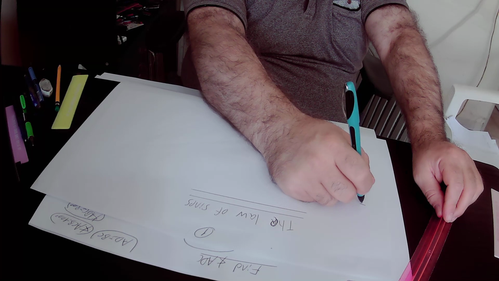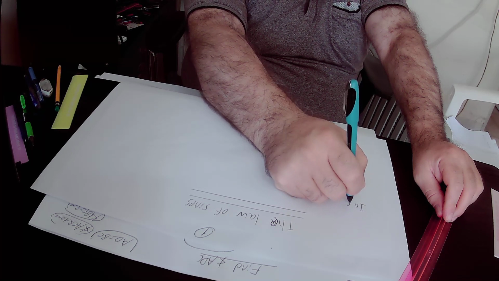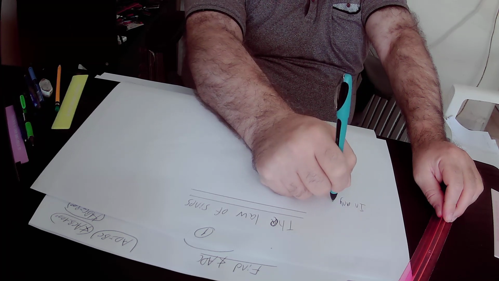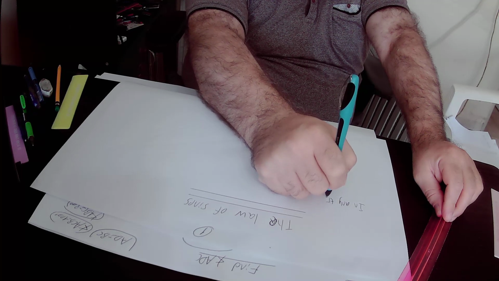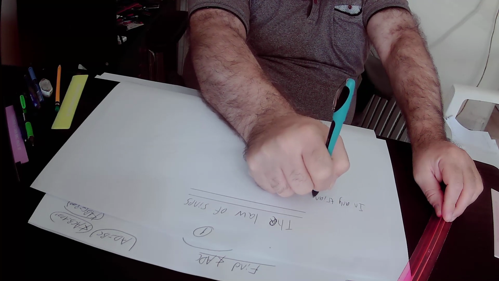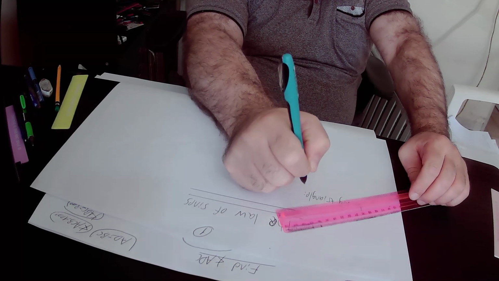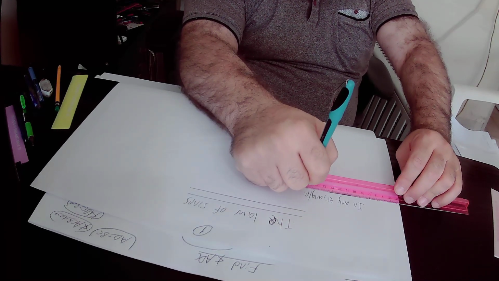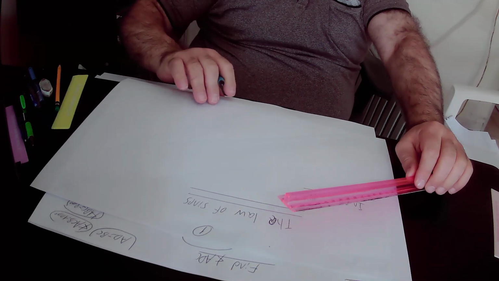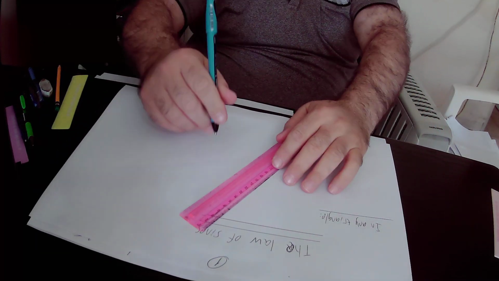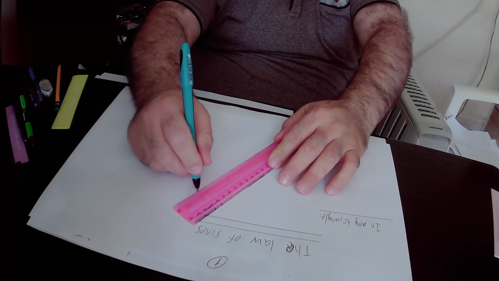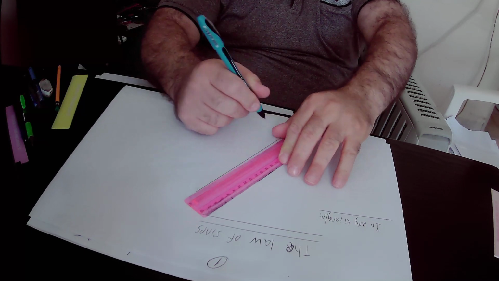So I write down that in any triangle, if we have triangle ABC, that would be any triangle.